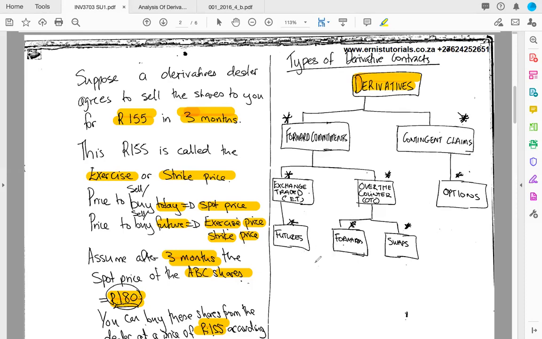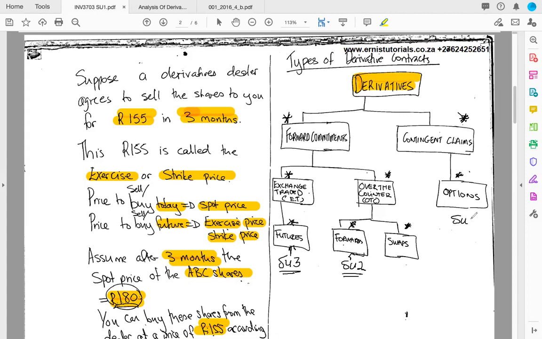So in INV3703, study unit 2 focuses on forwards, what forwards are and how to do calculations involving forwards. And then study unit 3 focuses on futures, what futures are, how they compare to the other derivatives and how to do calculations involving futures.